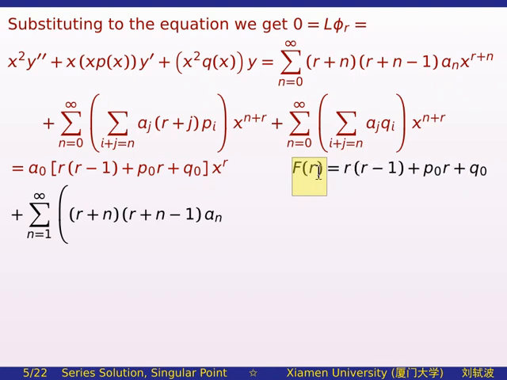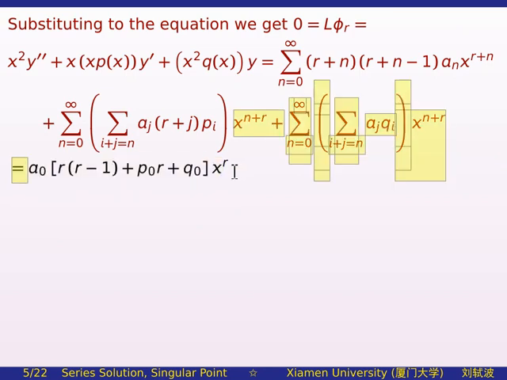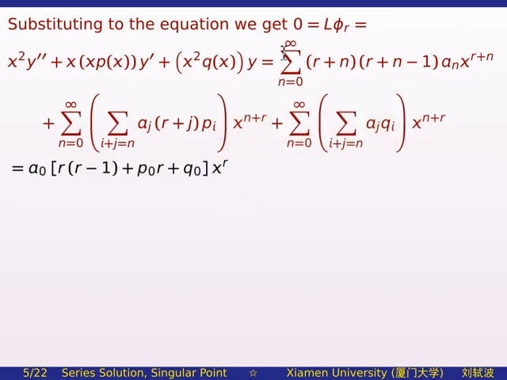The exponent of, we want to find a solution of the form phi r, that is x to the r multiplied by a power series. The r must make this capital F r zero. Okay, so this is the coefficient of x to the r, corresponding to n equal to 0 in the sum of these two series.